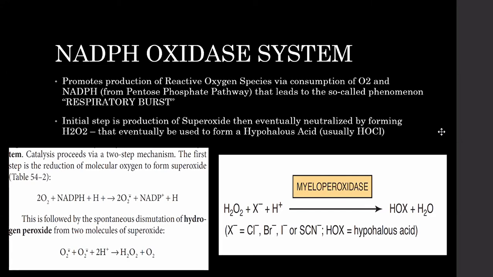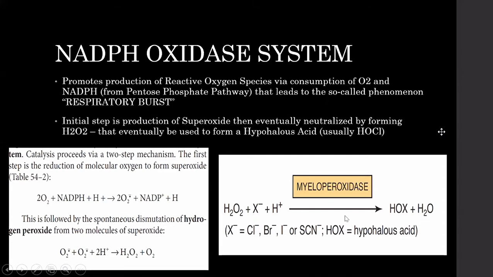So this is a very, very fast reaction inside the phagosome of your WBC. Now, when you have bleach or hydrogen peroxide, the myeloperoxidase will produce an acid on it to neutralize the hydrogen peroxide.